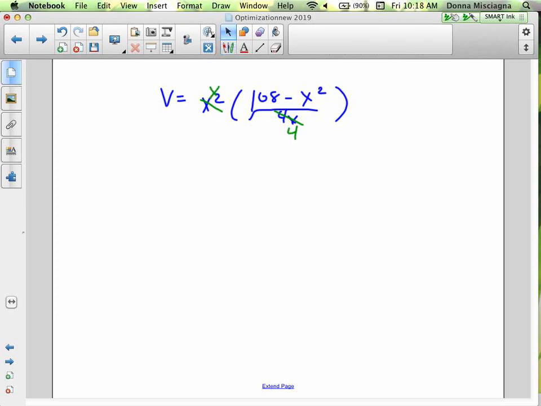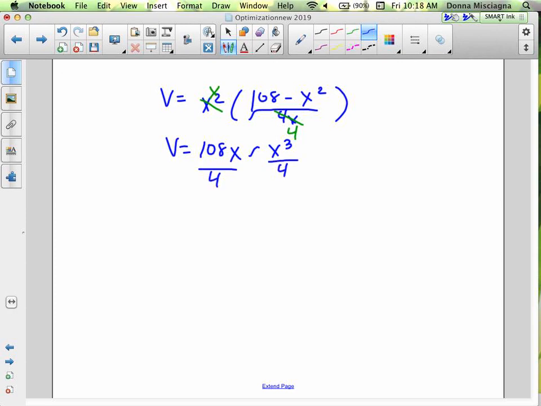This will be an x, and we'll distribute before we take the derivative. So we have v equals 108x, because there's no reason to use a product rule, minus x cubed, and then let's just divide both of those by 4.